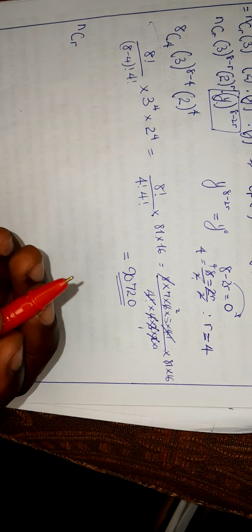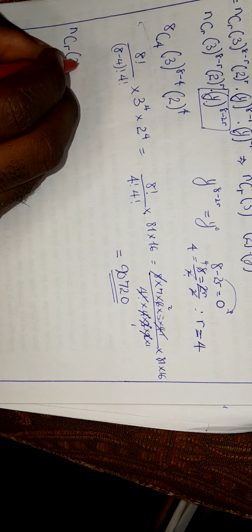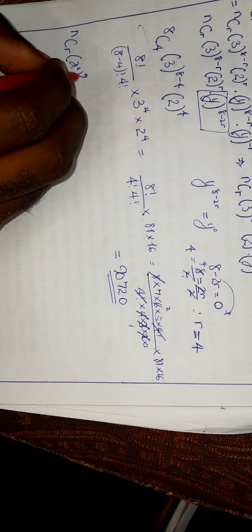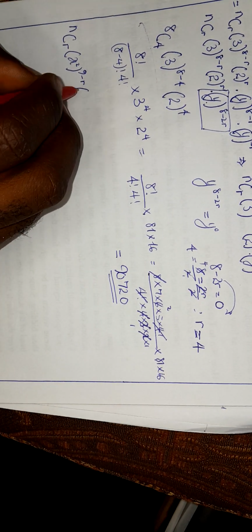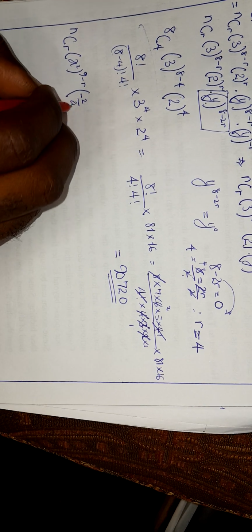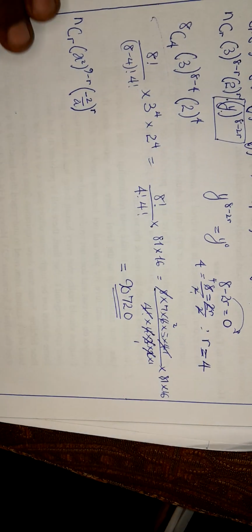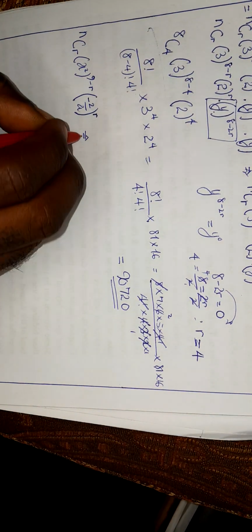N combination r, a to the power of 2, and the power here is 9 minus r. The next value is minus 2 over a to the power of r. So I'm going to expand this. Let me just expand it.